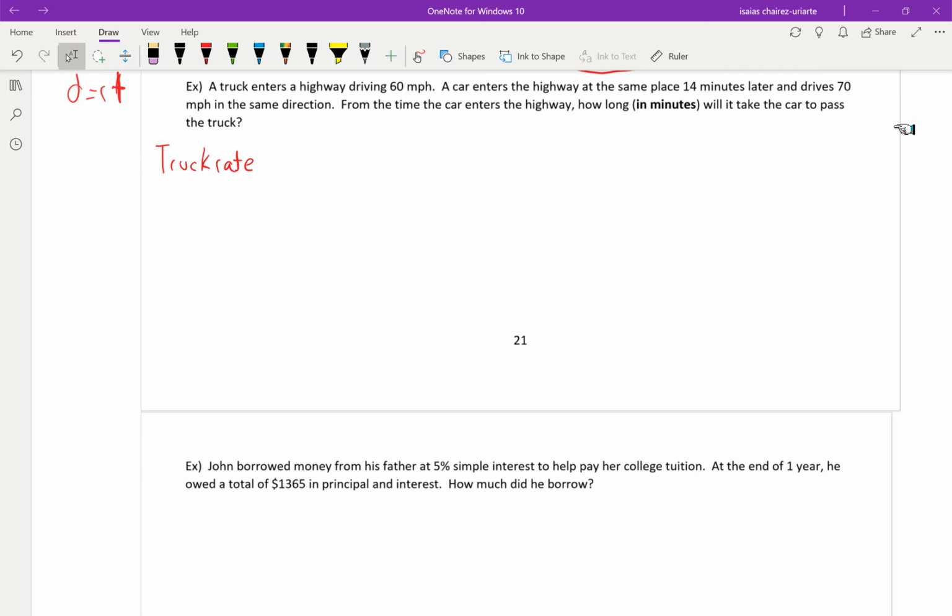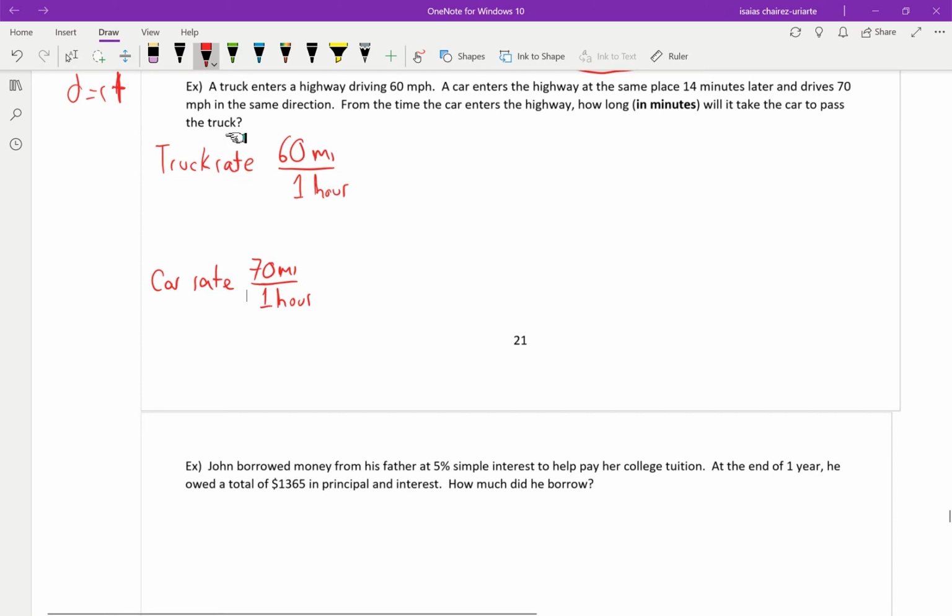Alright, so they told us that the truck rate was 60 miles per 1 hour. And that's the truck rate, and let me also write down the car rate. Car rate says 70 miles per 1 hour. Okay. So those are our rates.